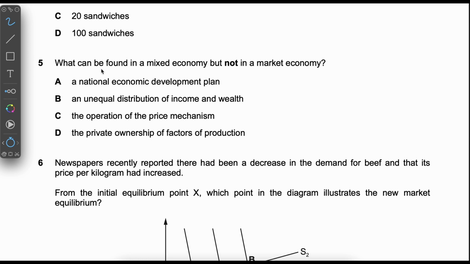Okay, question 5. What can be found in a mixed economy but not in a market economy? Okay, so again, your mind should go to definition. So a market economy is no government or minimal government intervention, and a mixed economy is a little bit of both, private and public.